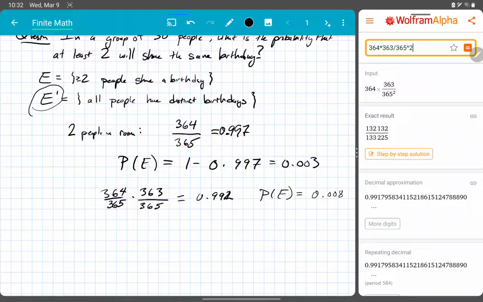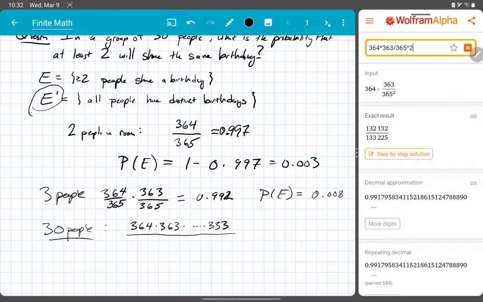Okay. So now let's see, we keep having more and more people come into the room until we get 30 people. When that happens, the probability is going to be 364 times 363 all the way down to... not quite, right?